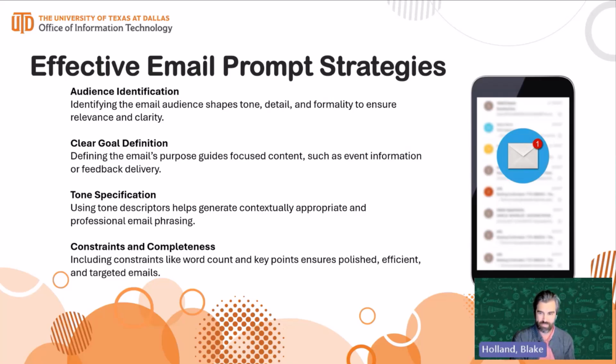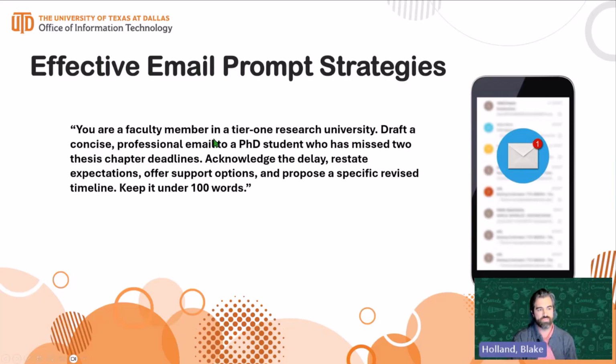There's a lot more depth to tone specification. I just wanted to mention it here because it does matter in the case of an email. And constraints and completeness. So what all of these things allow you to do is build an effective email prompt.